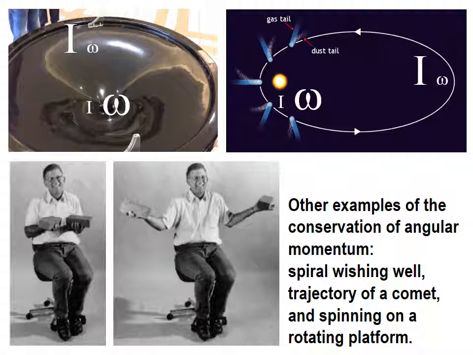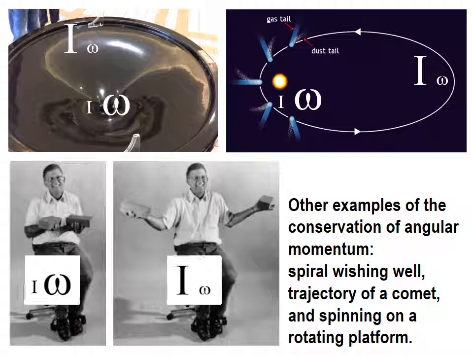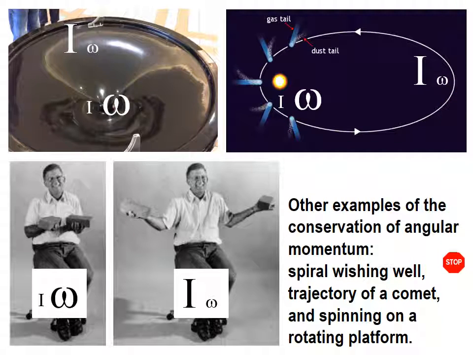And here we have a person sitting on a chair with a couple of bricks, and here the rotational axis goes up and down through this person, and most of the mass is relatively close to that axis, so the moment of inertia is relatively small.